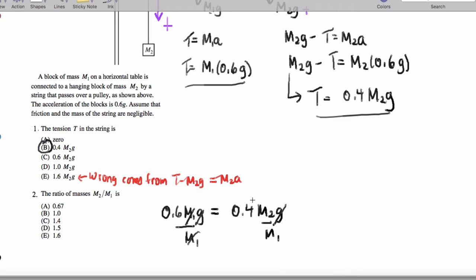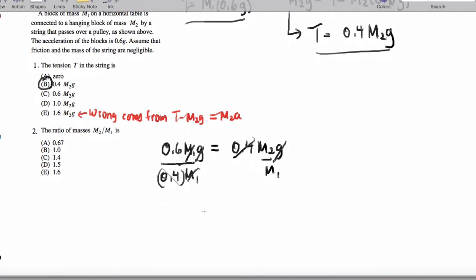And I'll divide both sides by 0.4. And so 0.6 over 0.4, that's the same as 6 over 4, which is 3 halves, which is 1.5, equals m2 over m1. There we go. So that's question number 2.